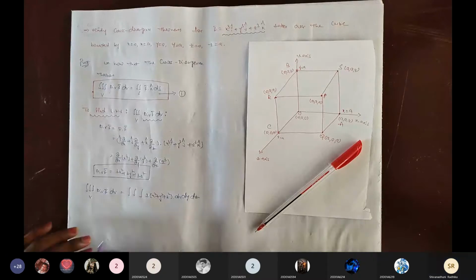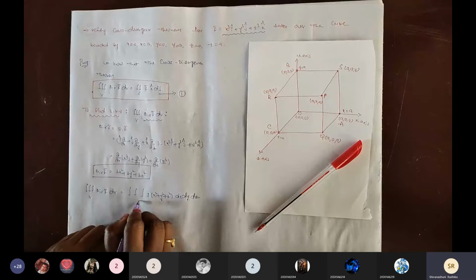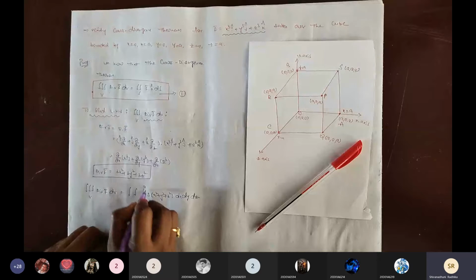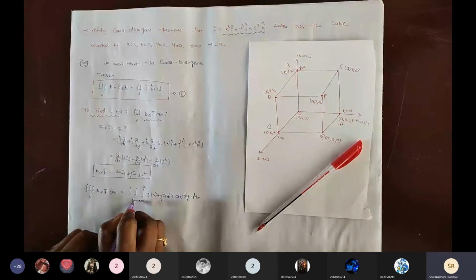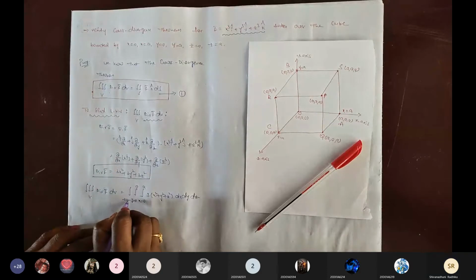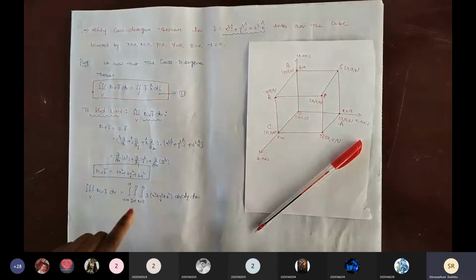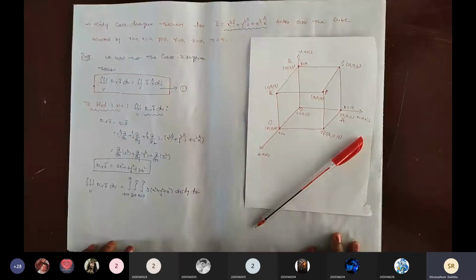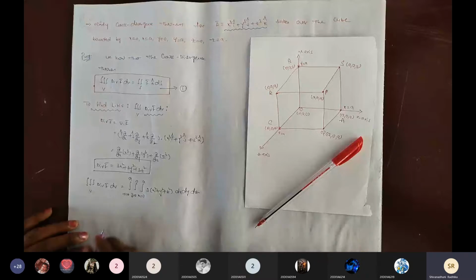Now from the right side, I'm going to take the x limits from 0 to a, as already given in the question, y from 0 to a and z from 0 to a. Term by term we are going to integrate with respect to x first, then y, then z.